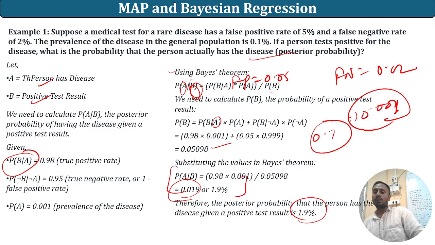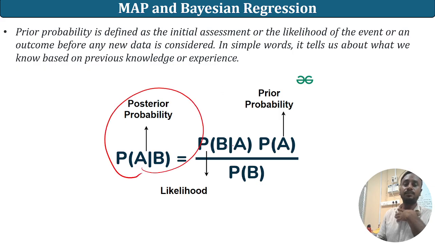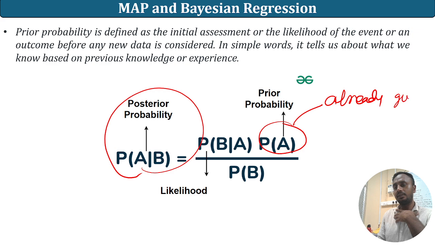It means we are going to incorporate the previous results also. Okay, so what is the prior probability? As I told, this is going to be our posterior one. This is actually the previous, already given by the initial assessment.